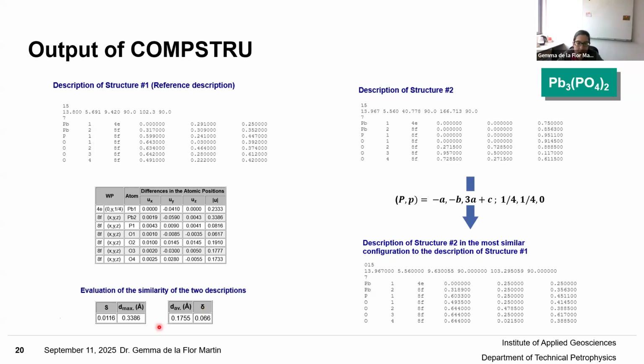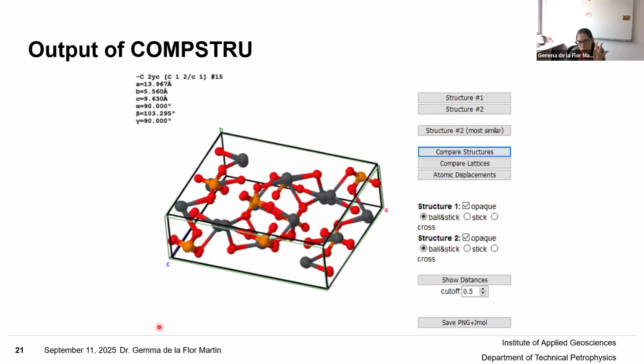Because sometimes a value that means two structures are similar in one case may have another meaning for another pair of completely different structures. So in order to help the user to interpret the results, the program provides another option to evaluate the similarity.